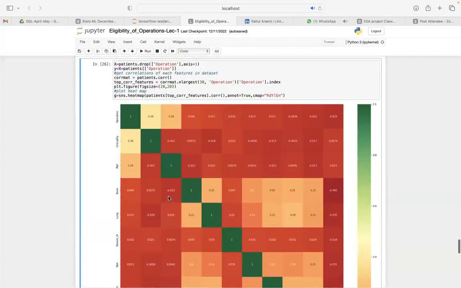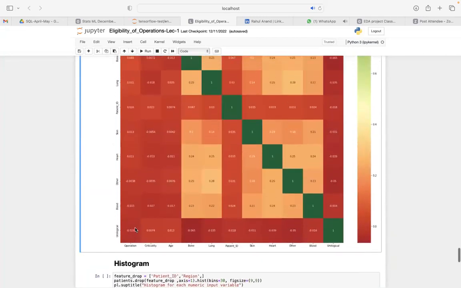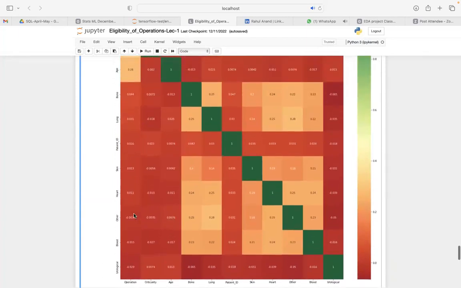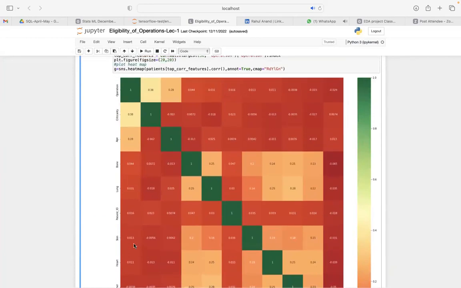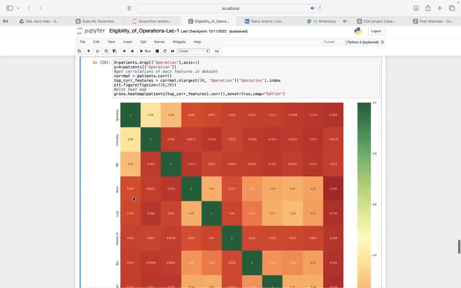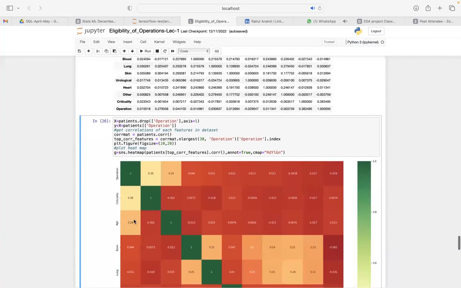As expected, our data is not very much correlated. You can see minus 0.029, minus 0.015, minus 0.038, minus 0.1, minus 0.01, and positives like 0.04, not even 5% correlated. Only age is a bit correlated, about 28%, and criticality is 38% correlated to your operation column.